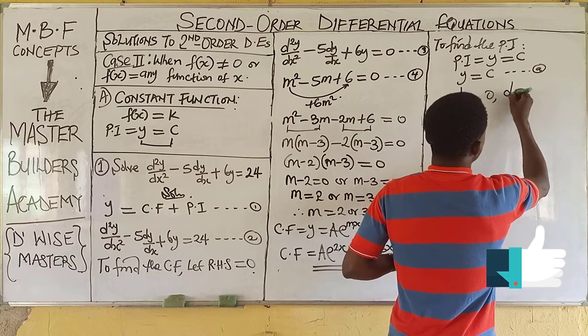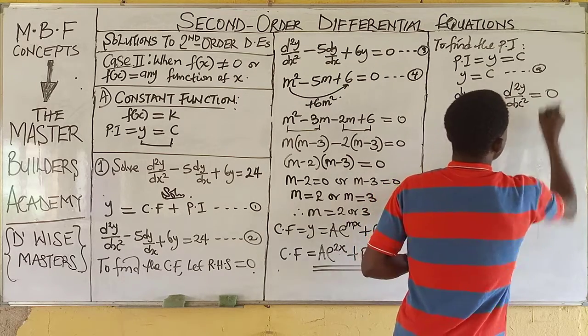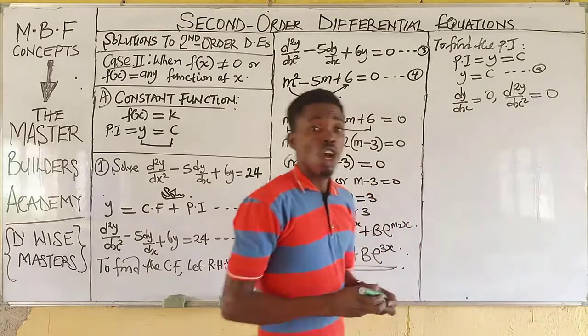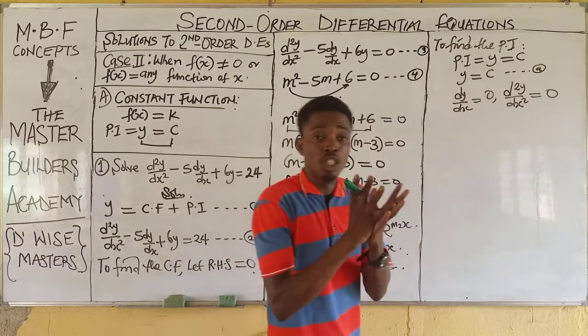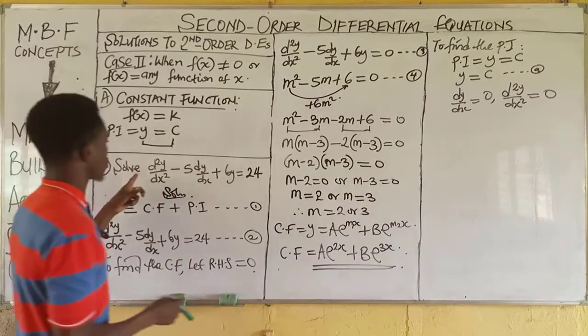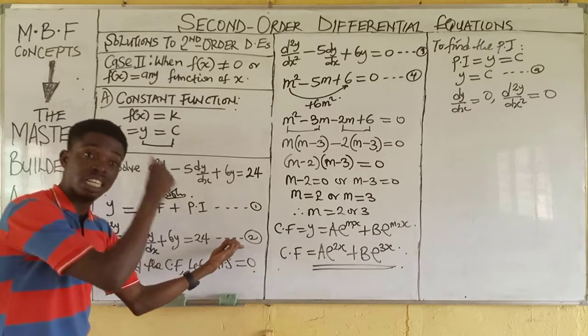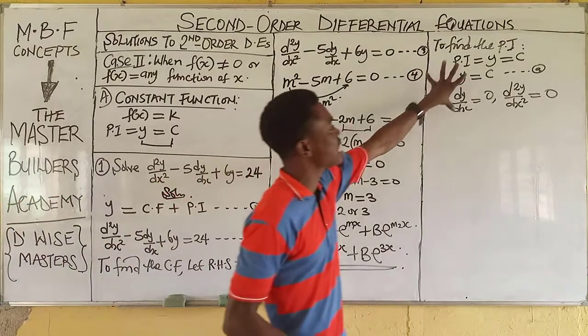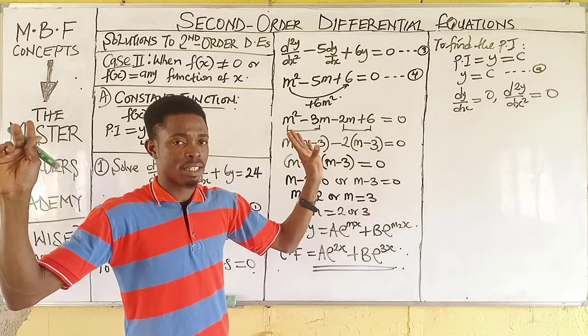And when you differentiate the second time, you also have 0. When you differentiate 0, you have 0. So now, having differentiated this particular integral function, all you need to do is to substitute this, and this, into the given equation. So you now come to equation 2, which is the given equation, and input these 3 values to be able to obtain the value of c. This is how it is.